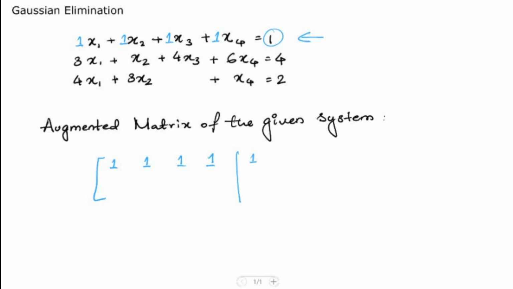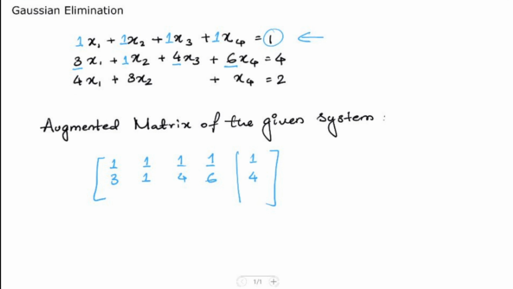Now for the second row, we have 3, and then we have a 1 for x2, x3 is 4, x4 is 6. So here we'll have 3, 1, 4, 6, and then for the vector b, we have here 4.